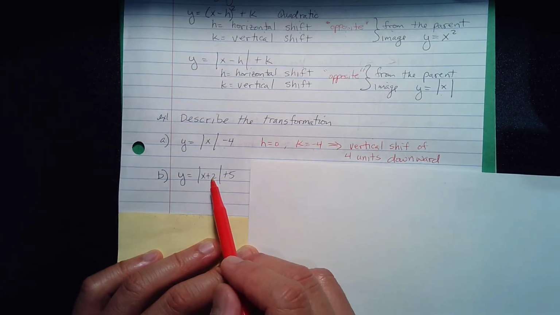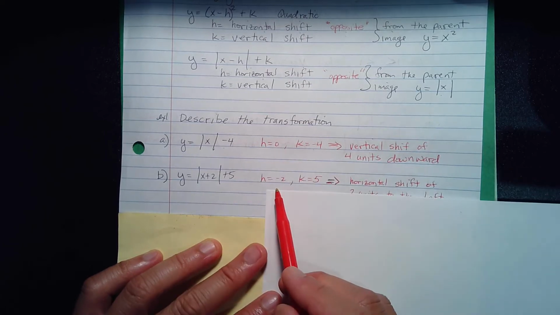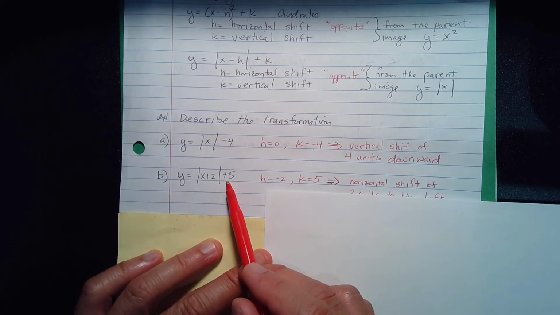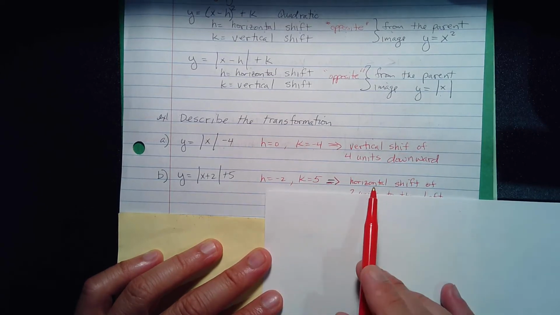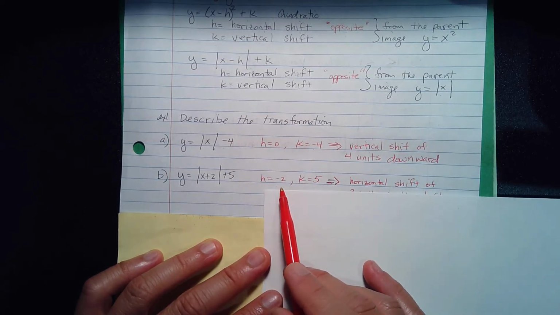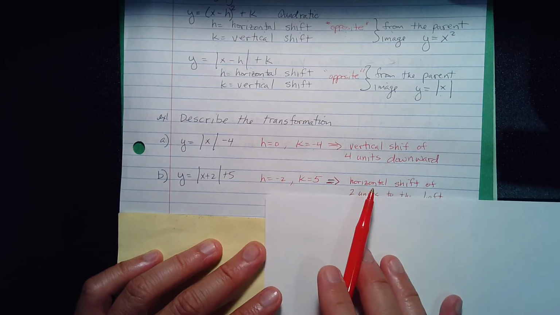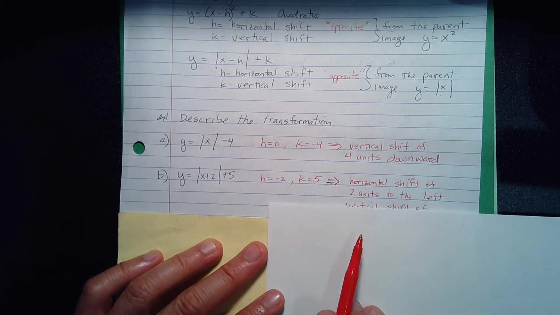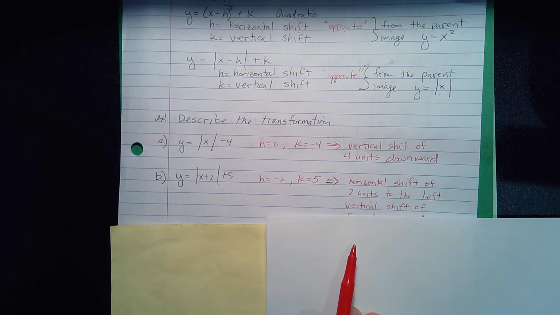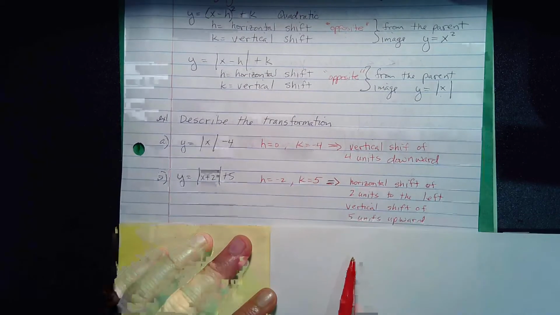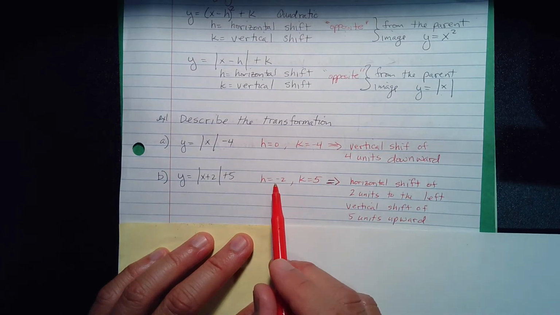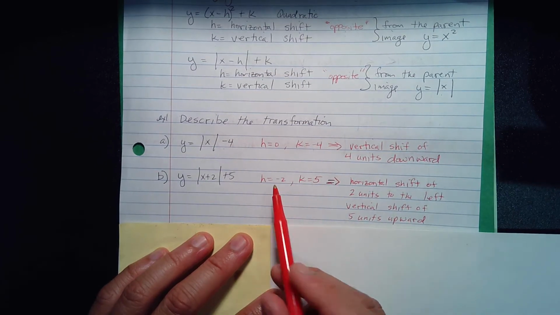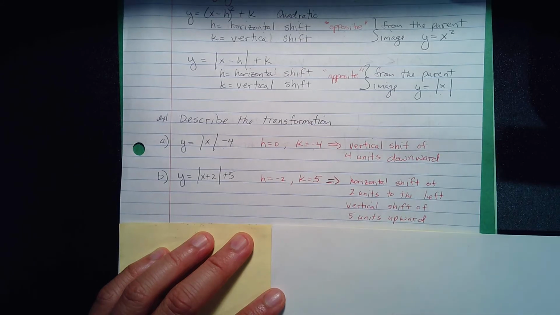So the opposite of a positive 2 is a negative 2, and our k shift stays the same at 5. So now there's a horizontal shift, since this is negative, 2 units to the left, and vertical shift of 5 units upward. Since this is positive, it's upward. Since this is negative on the horizontal shift, it's to the left.